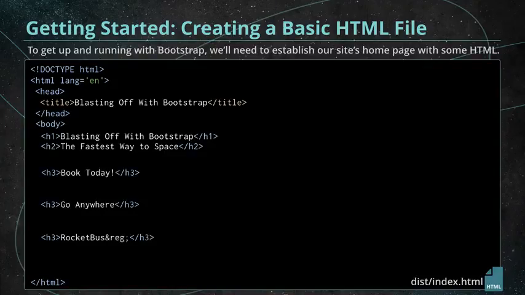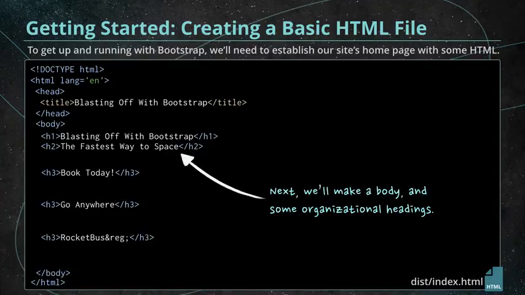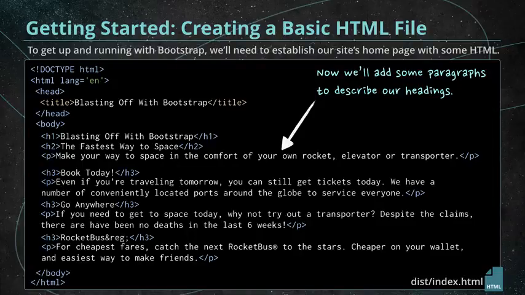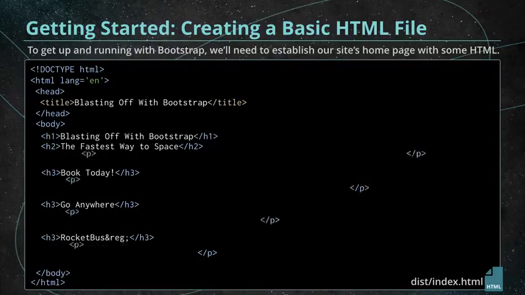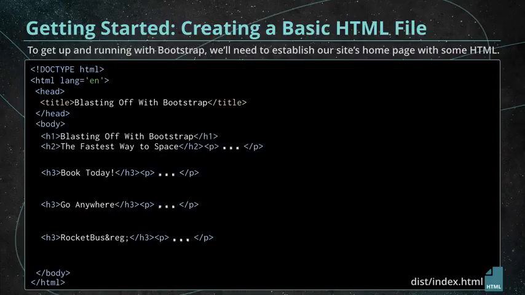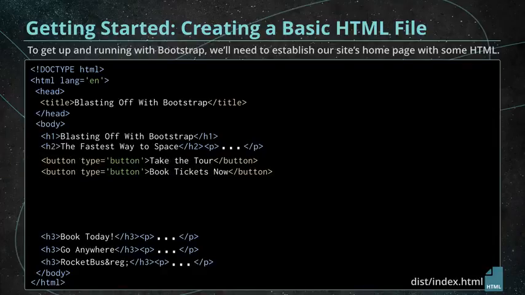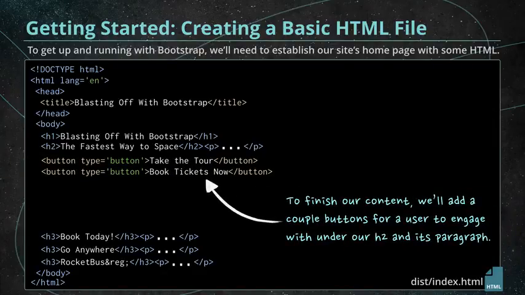So we'll start by adding some sample h1 tags, h2 and h3 tags. Next, we'll add in some paragraph tags to describe each of our headings. To finish things off, our page needs some kind of call to action. So we're going to add a couple of buttons for our users to engage with under our h2 in its paragraph.